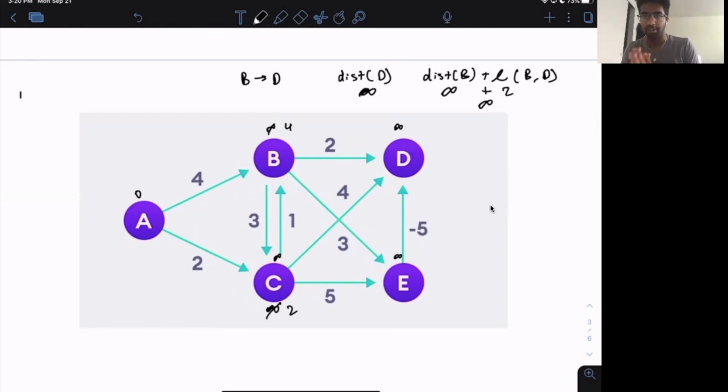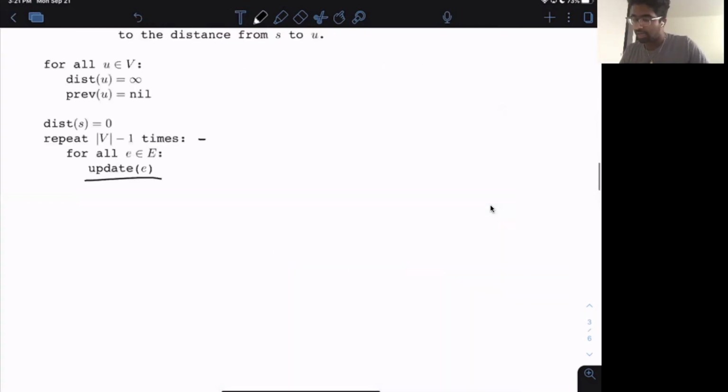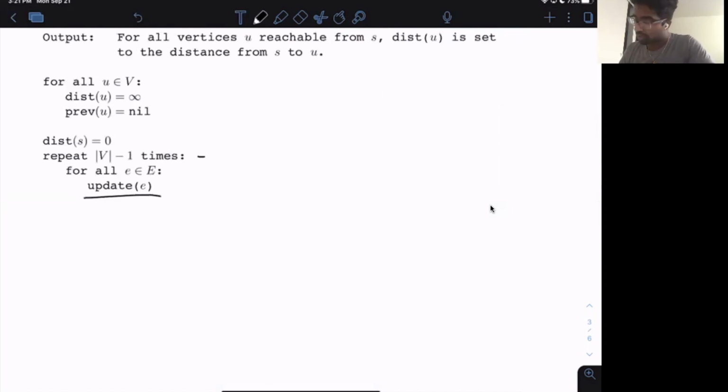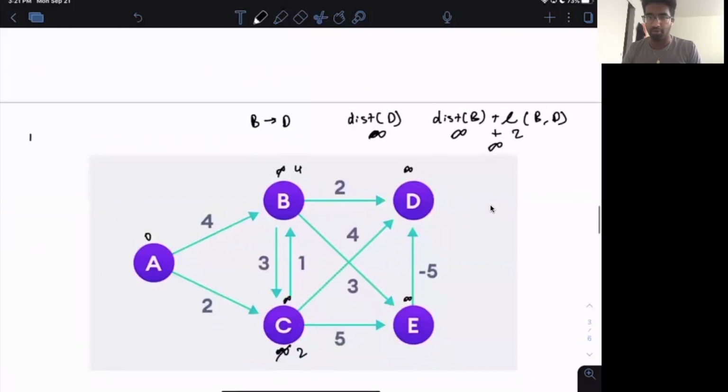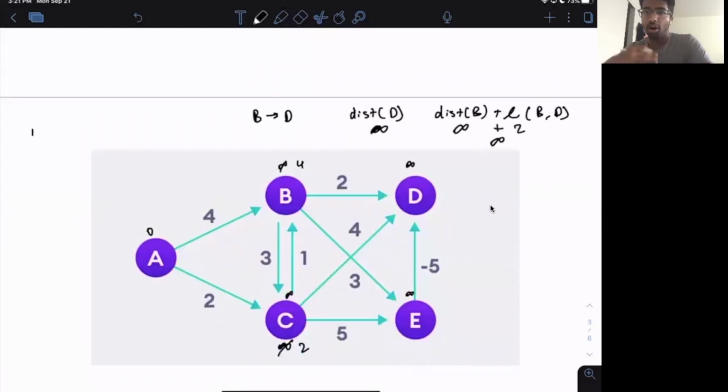After the first iteration of Bellman-Ford, we've calculated all the shortest paths of length 1, right? So what we have is the shortest path from A to B where the path is of length 1 edge.